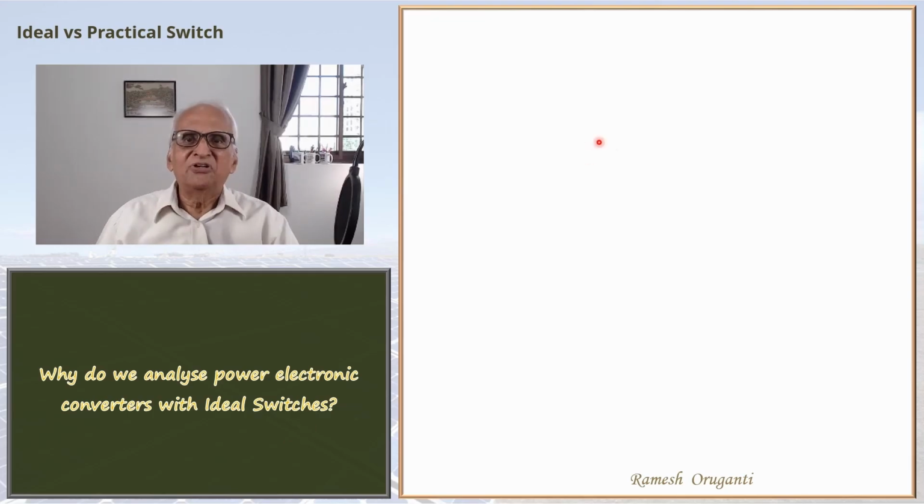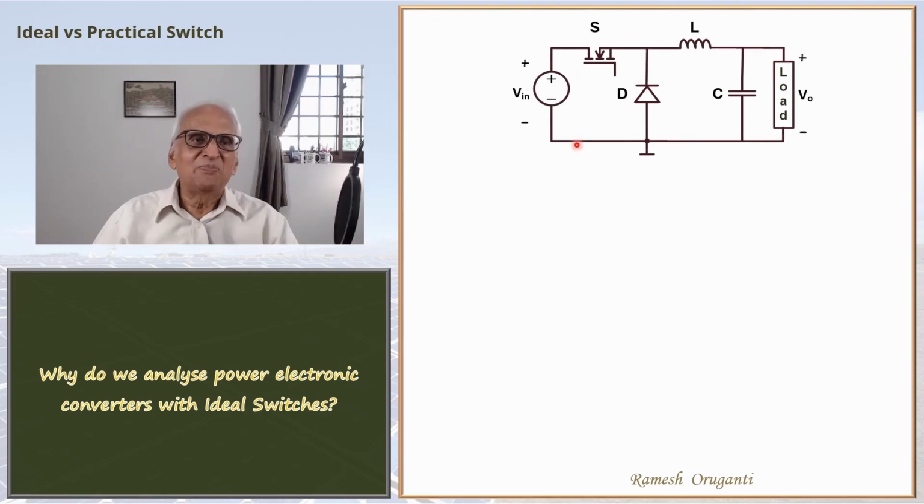Consider a buck converter. Many of us will be aware of this circuit. Even if you have not done this yet, it is okay. So you have a power MOSFET switch and a power diode. Power MOSFET is a nonlinear active device and diode is a nonlinear passive device. To analyze this circuit together with the power MOSFET and together with the diode, their DC characteristics, their dynamic characteristics, that is difficult.